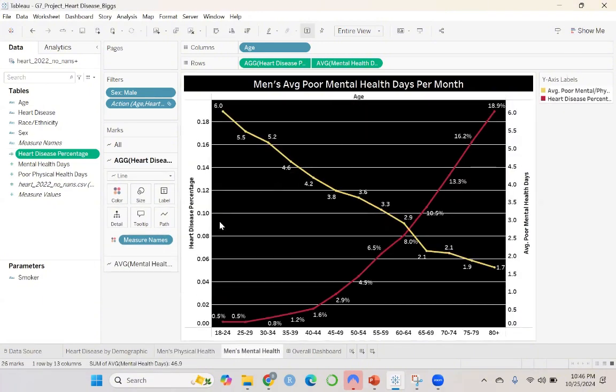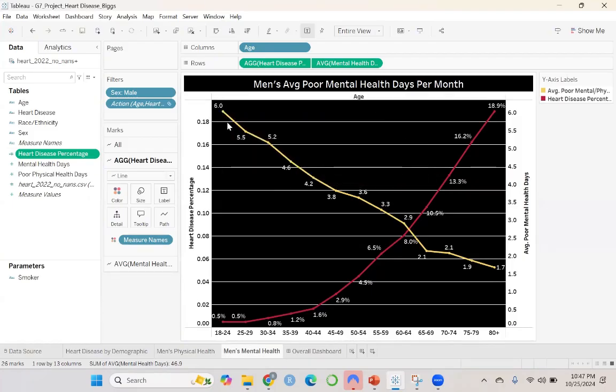Move on to the next one, which is men's average poor mental health days per month. Now we have the same heart disease percentage as one of our line graphs, as well as average poor mental health days.